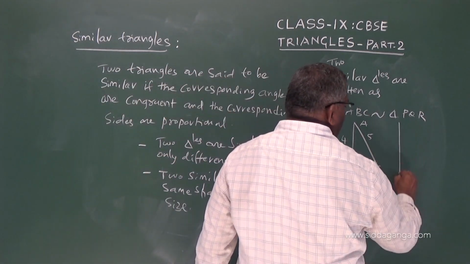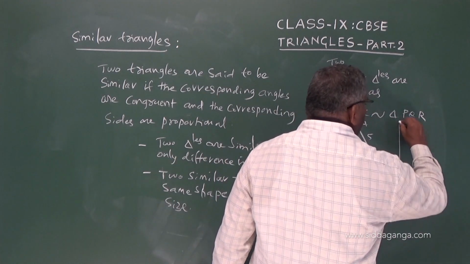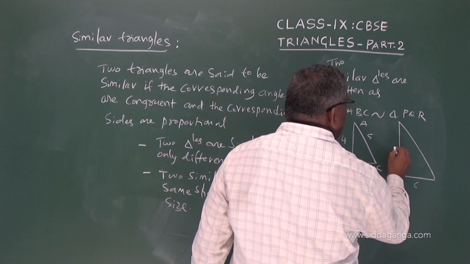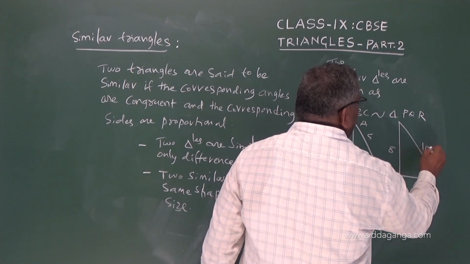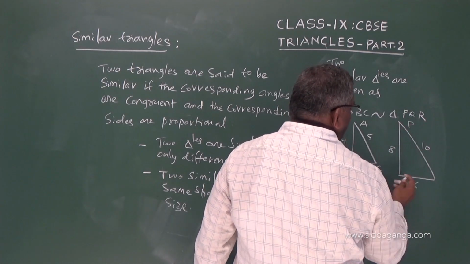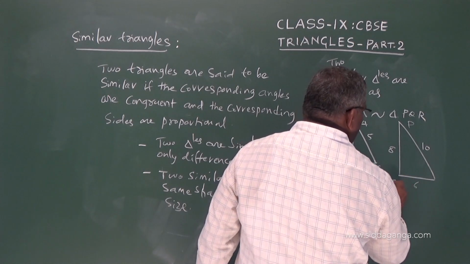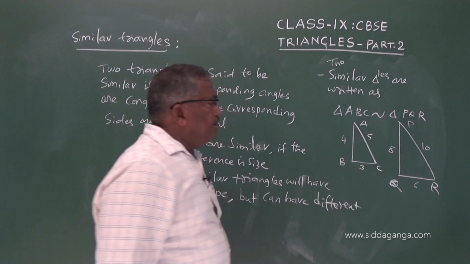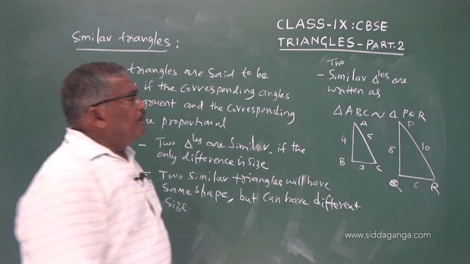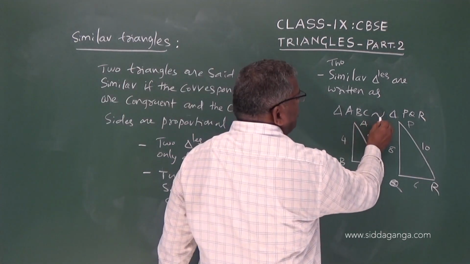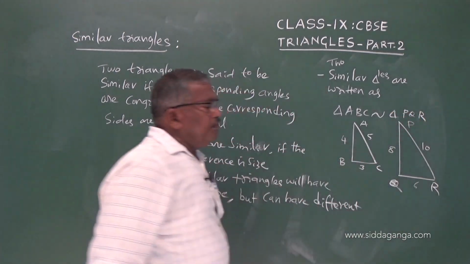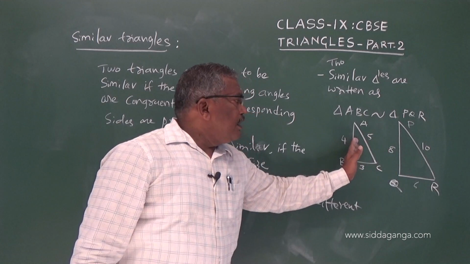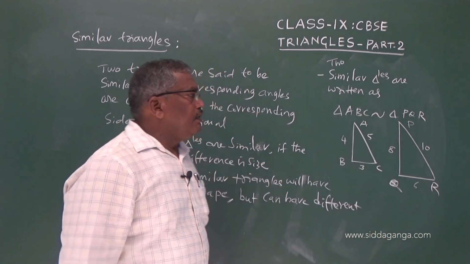Then you draw another, bigger triangle, and this is 6, this is 8, this is 10, PQR. So triangle ABC is similar to triangle PQR. You can see the shape is the same, the size is different.